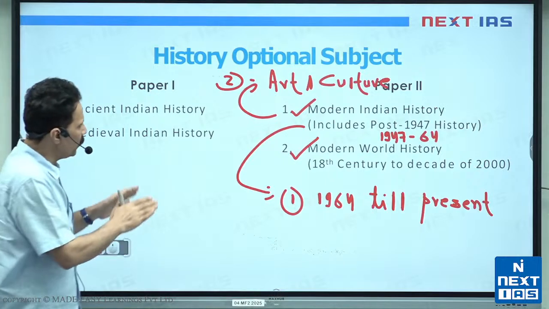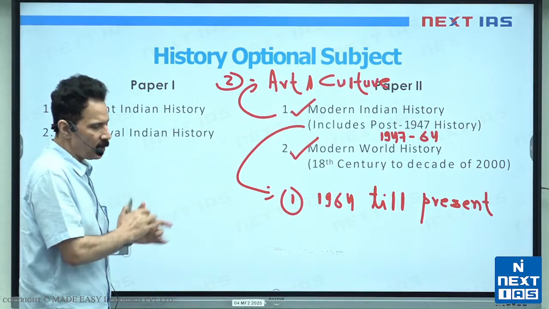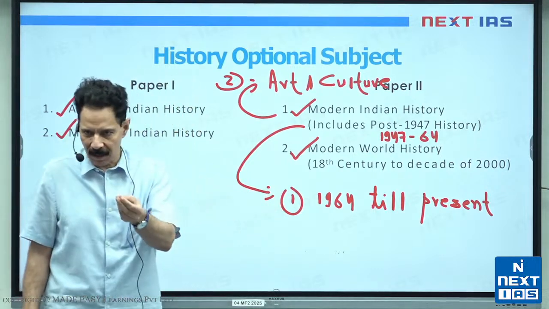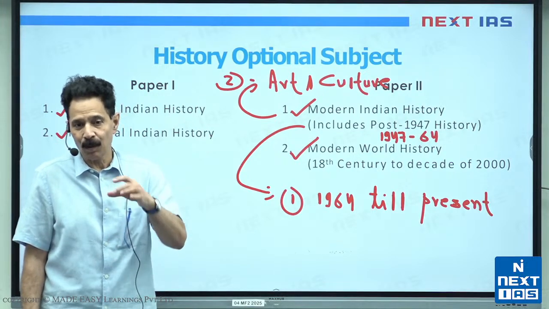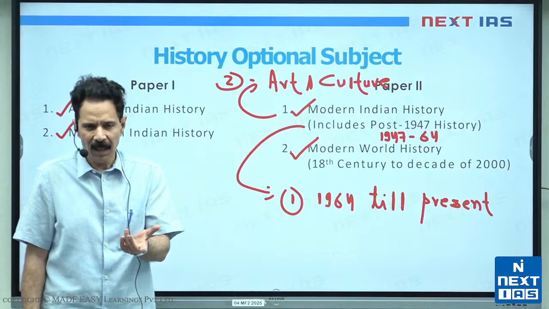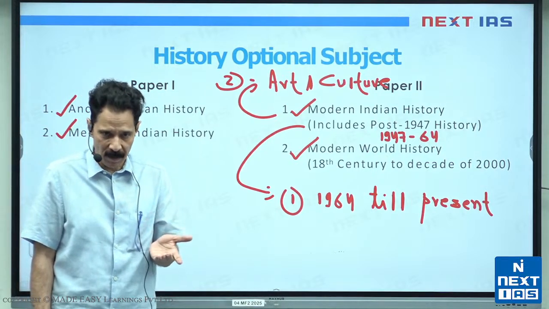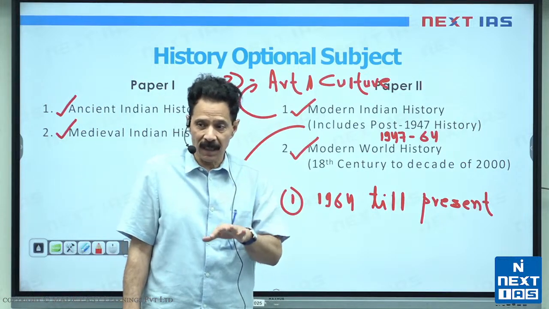So historiography is absent here. That is one difference. For example, French Revolution you have to do in GS history, you have to do in history optional as well. But historiography of French Revolution is not required in GS history, but this is required in history optional. But certain historiographies are required in GS as well.